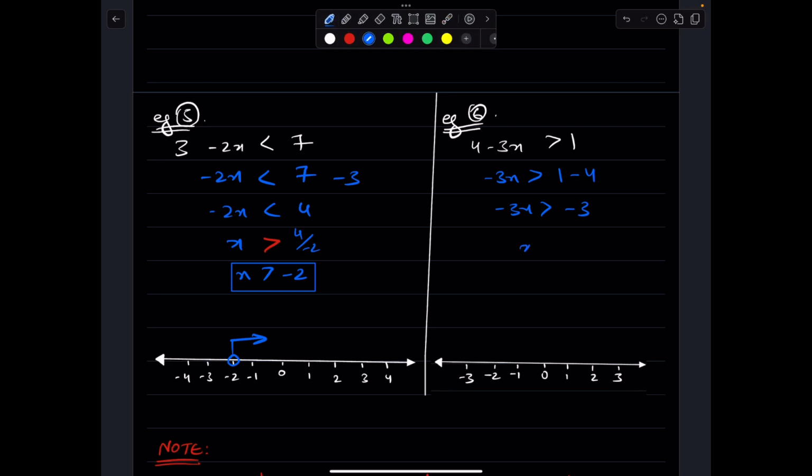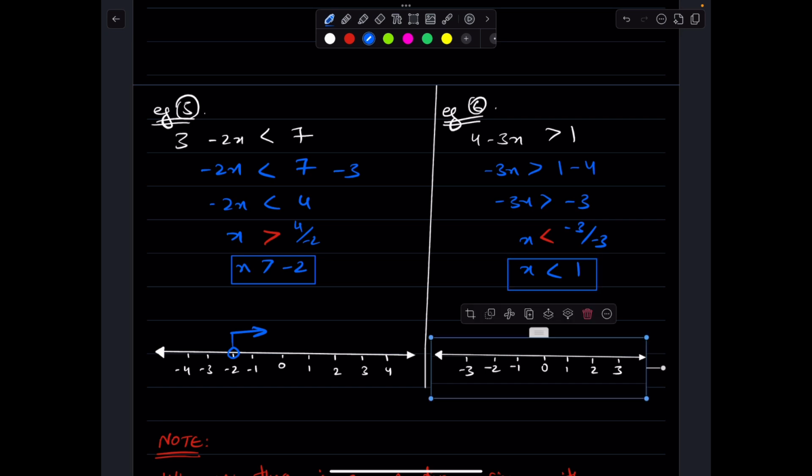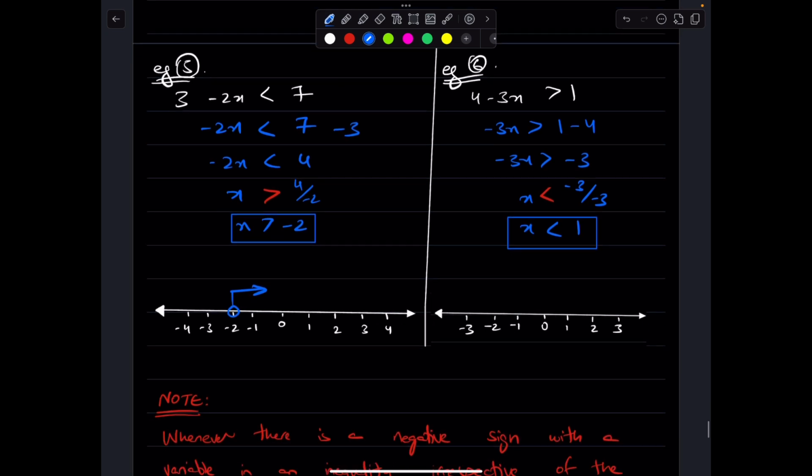So x is less than minus 3 over minus 3, and x is less than 1. We'll make an empty circle at 1, and the arrow will point leftwards.